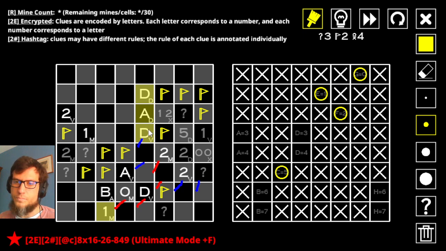Now, so I guess there's kind of 2 situations we can look at here. Well, one in which this is a mine, right? And that forces these 2 to be gone, which forces the A to be 3 and the D to be 4, right? That's what we're looking at. Alright. And then, in that case, both of these are mines, which means this one modulo is like, nope.